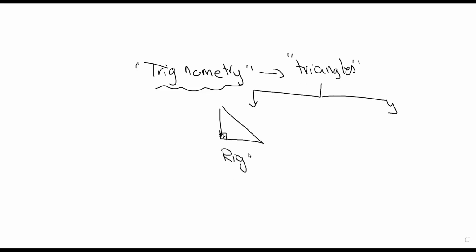A right-angled triangle is a triangle that has one right angle and the other two angles are acute. All the other triangles, which do not include a right angle, we call non-right angled triangles. This will be discussed in another video. Today, we're going to mainly discuss right angled triangles.